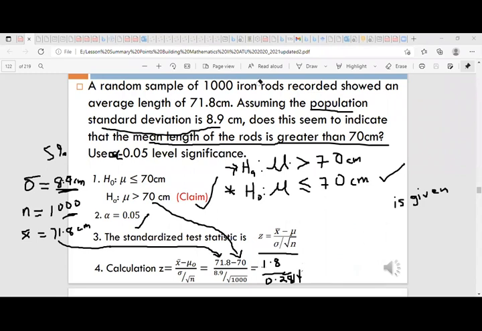So when you calculate that, 1.8 divided by your answer gives us what? Yeah, so we are getting 6.3956.